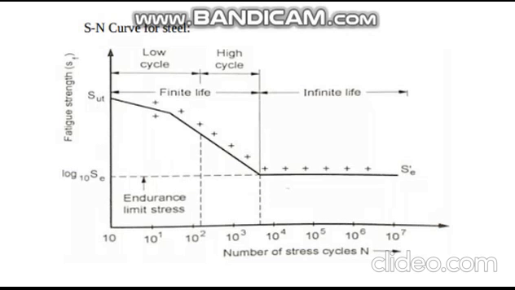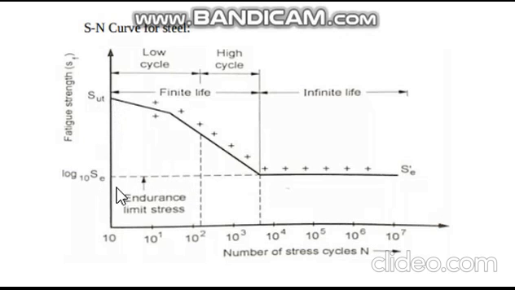For ferrous materials like steel, this graph becomes horizontal, maybe around 10 to the power 6 cycles. That means around 10 lakh cycles, indicating that fatigue failure will not occur below this stress. This is your ultimate tensile stress, and this is your endurance strength.